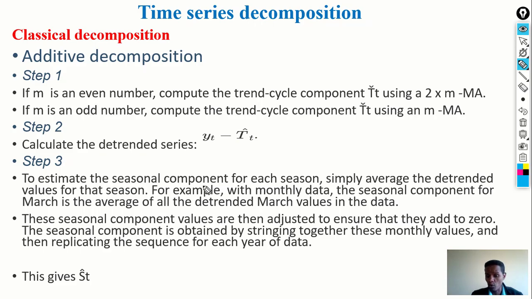simply average the detrended values for that season. We need to average all these detrended series finally. The average of the detrended values will be used to estimate the seasonal component for each season. For example, with monthly data, the seasonal component for March is the average of all the detrended March values in the data.